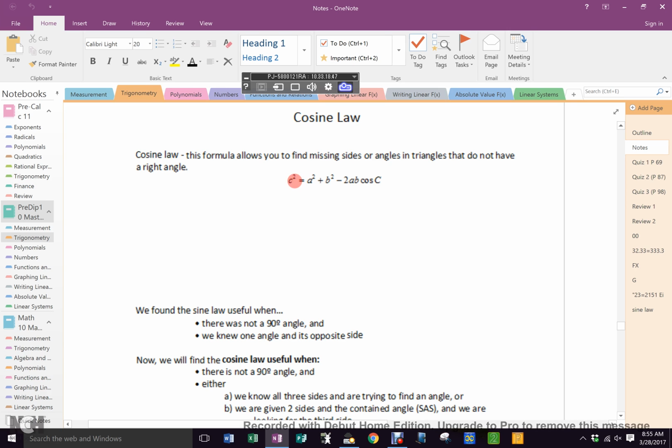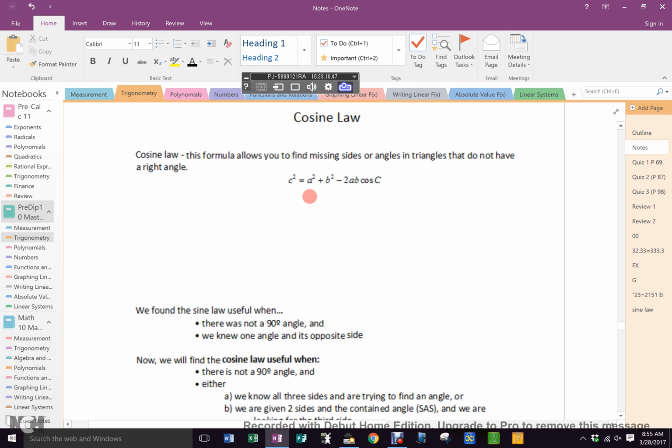So when it's C, I have cos C, AB cos C, right? So what would it be if it was A squared? It's A squared plus B squared when it's C, so this must be B squared minus... Apparently.